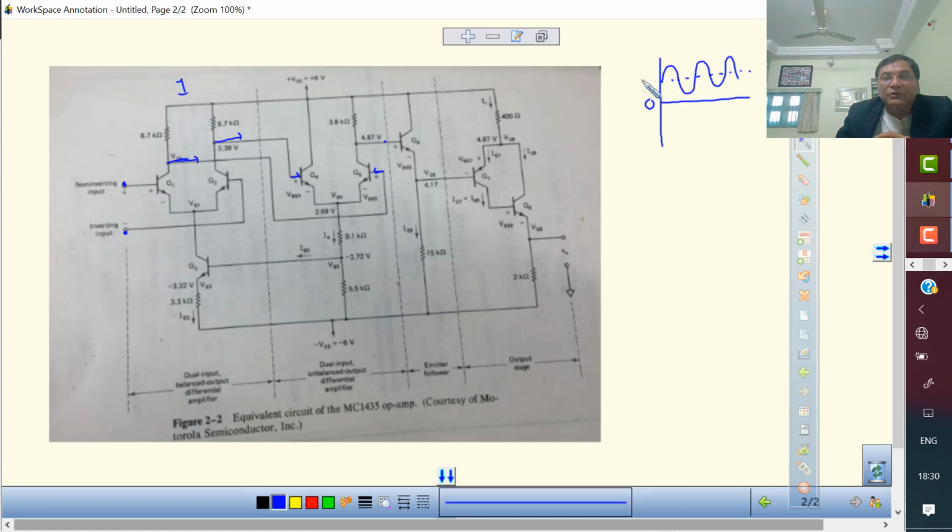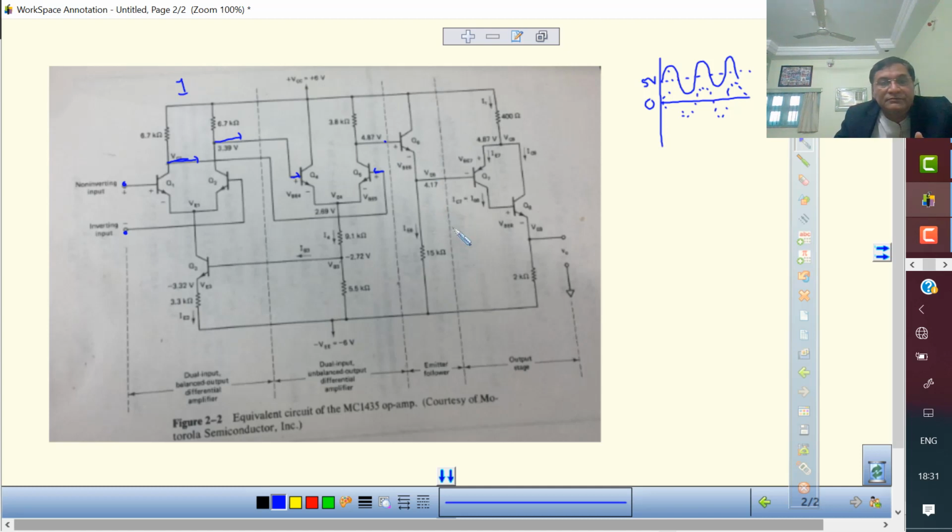So suppose this is 5 volt. So you are getting swing around 5 volt, not around the 0 volt. If you are getting it like this, you can say it is at ground level. But we are getting it at 5 volt. It means it is not at the ground level. So it is necessary to bring this wave to here. And for that we have this level shifter.